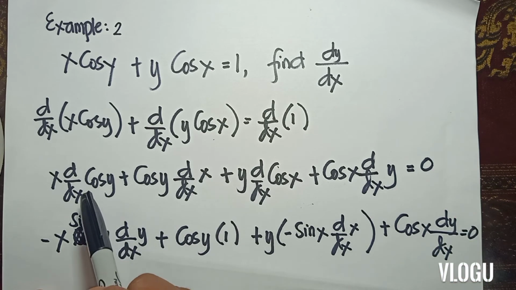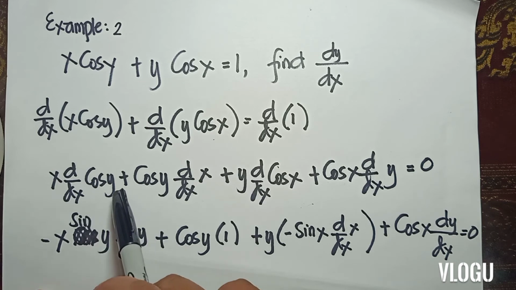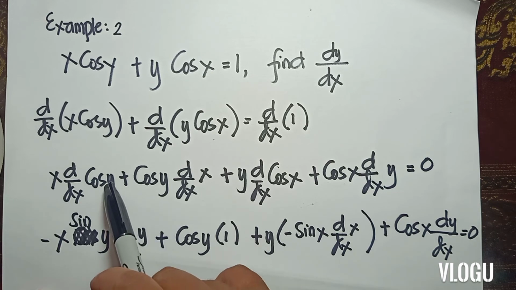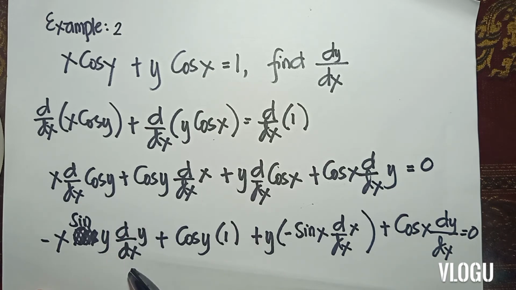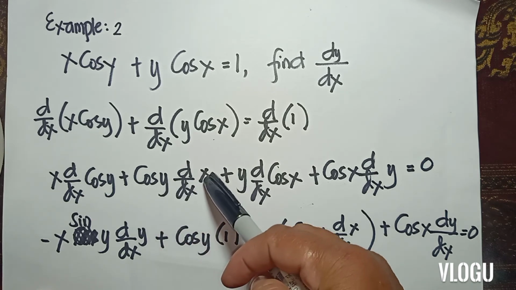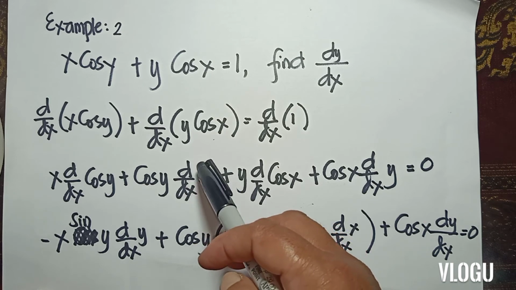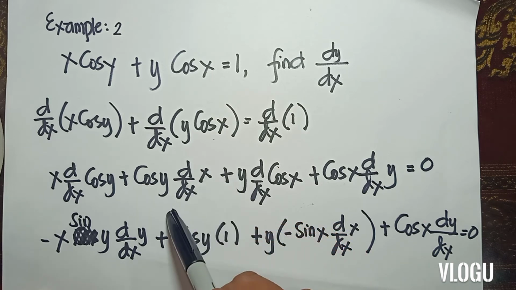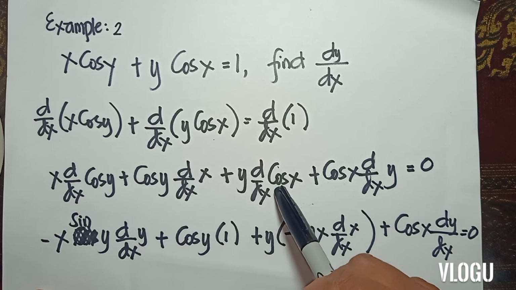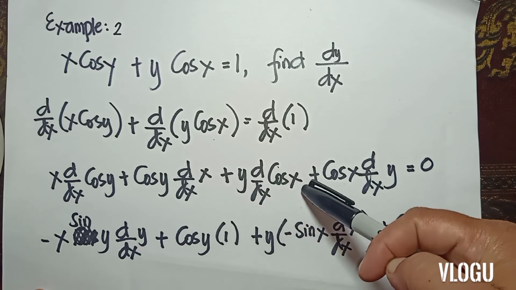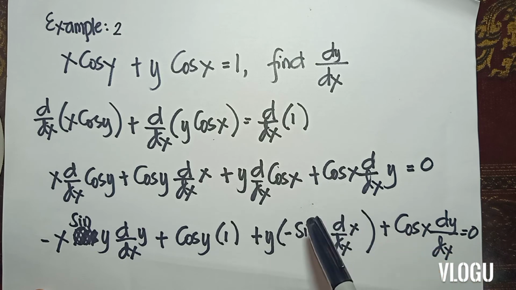So, the derivative of cosine y is negative sine y. That's the reason we have here negative x sine y, dy over dx, plus cosine y times dx over dx, that is cancelled out, so we have 1 here. Next, the derivative of cosine x is negative sine x.